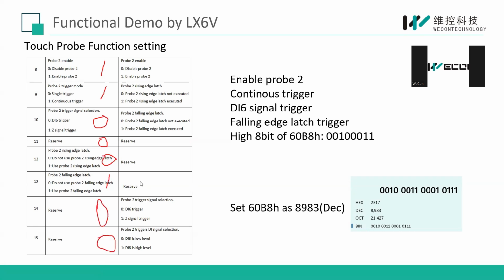So this is the high 8 bits. Combined with the low 8 bits, we will get this value, 8983. So we need to set this value in the object dictionary 60B8.